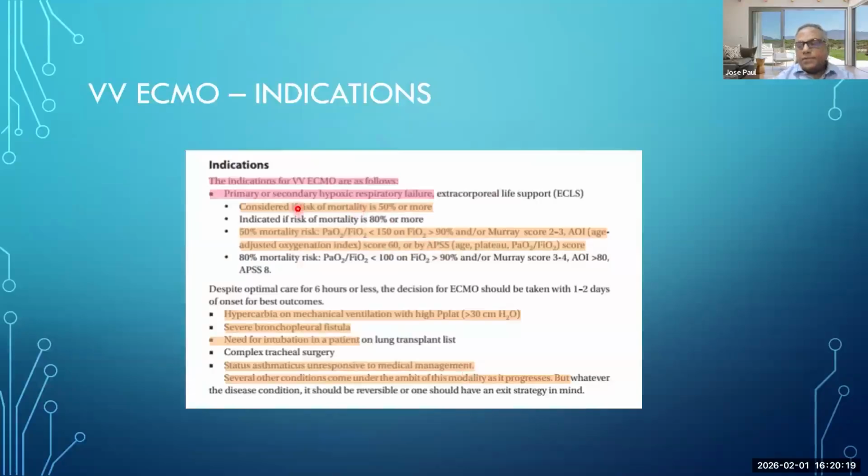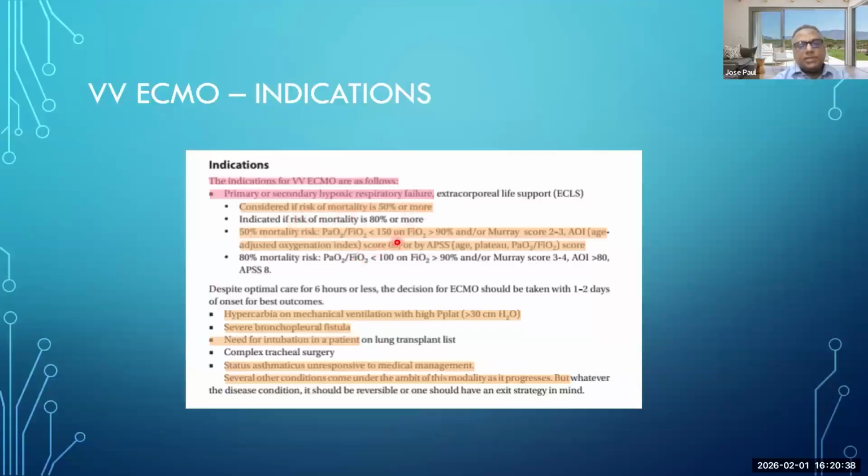Now coming to veno-venous ECMO, what are the main indications for doing it? It is usually done for a primary lung condition. Usually the most common indication would be in ARDS, where the risk of mortality is 50% or more.